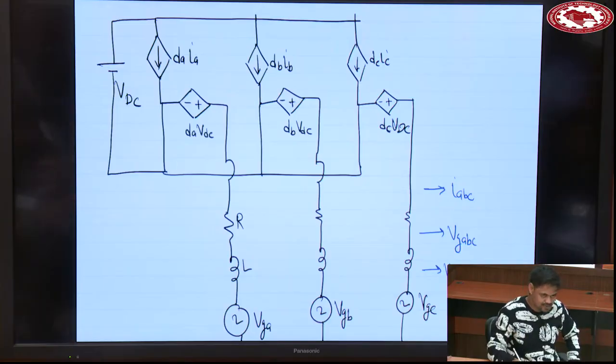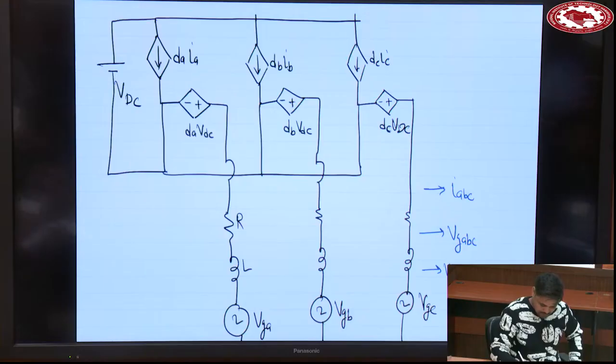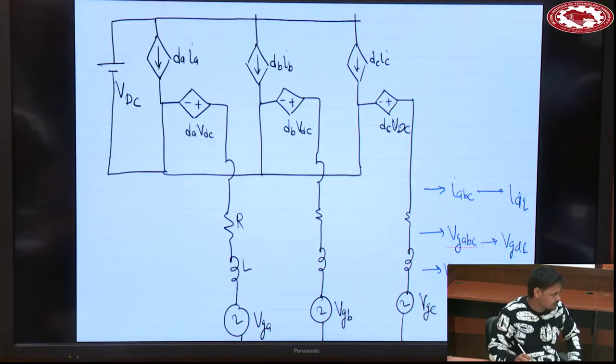Three things we will sense. We will convert them into DQ, and this is not required. For conversion, you will use theta information from phase A.